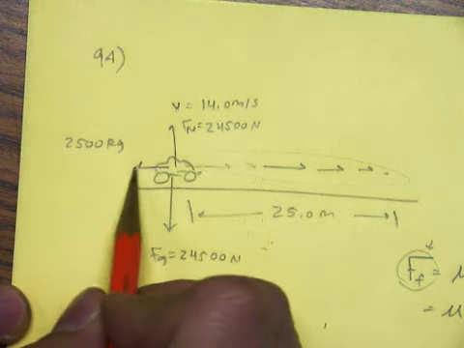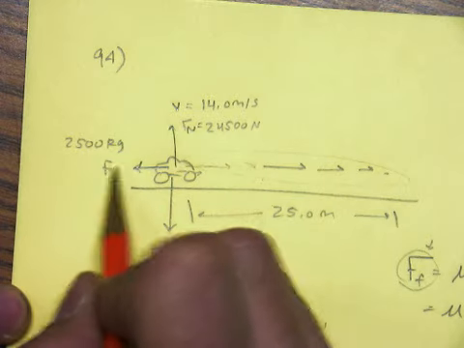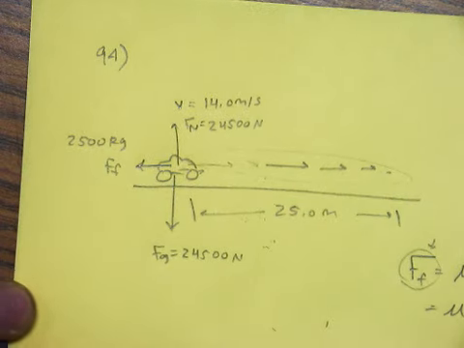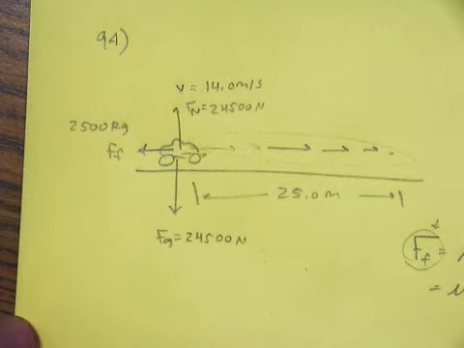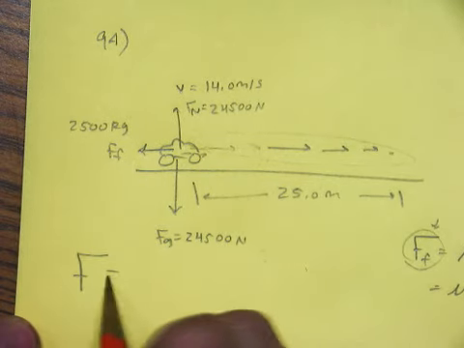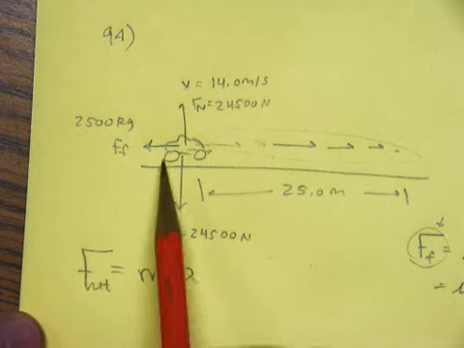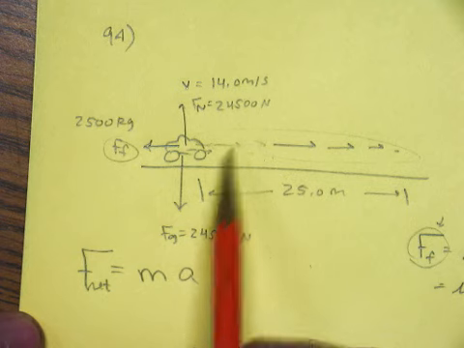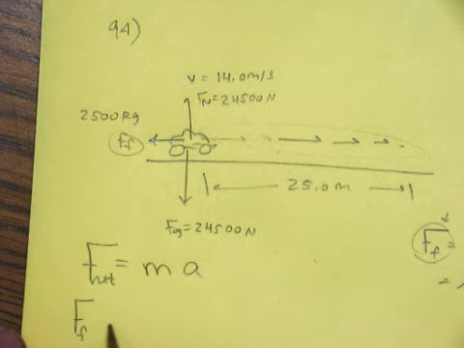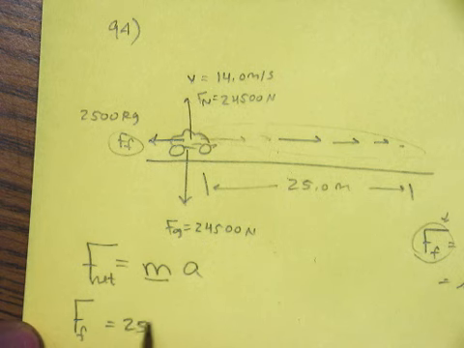There's only a force pulling it backwards, and that's the force of friction. Now what we're going to do is use F equals ma, and we'll use the net force. The net force is friction because there's nothing pushing it forward. The mass of this car is 2,500, and the acceleration.